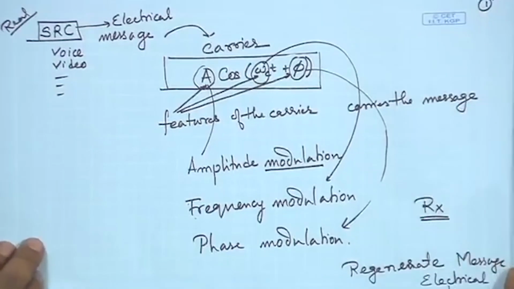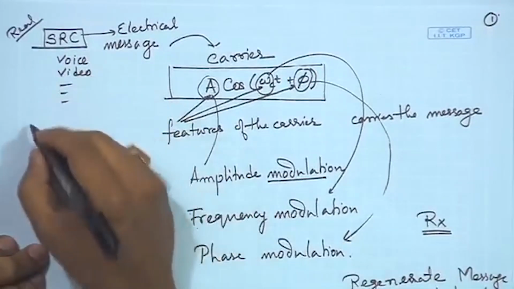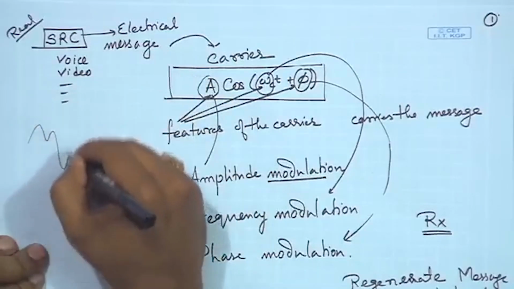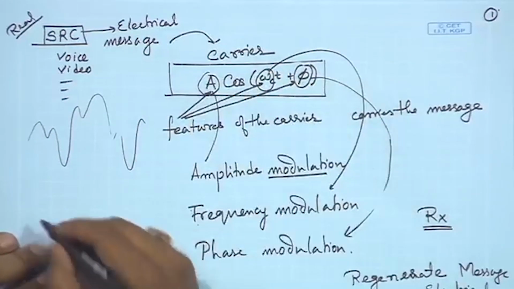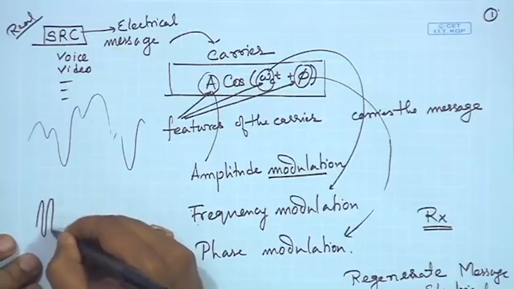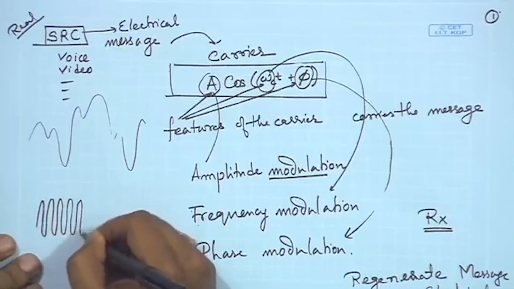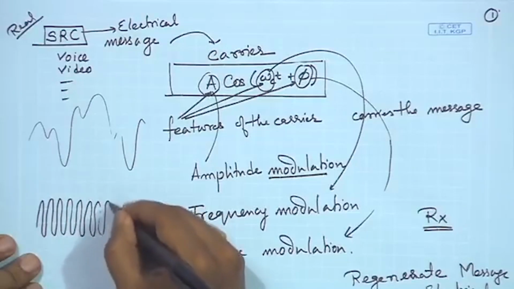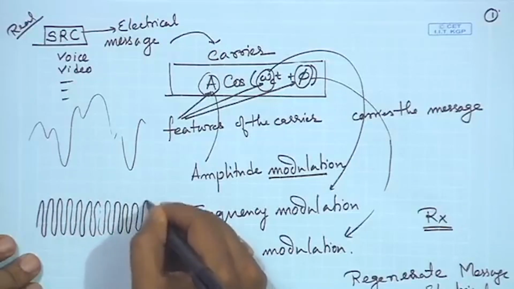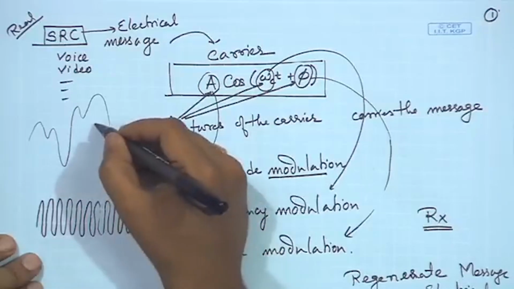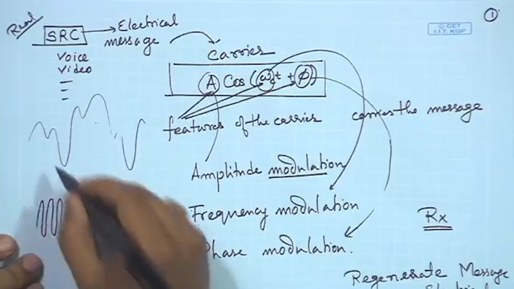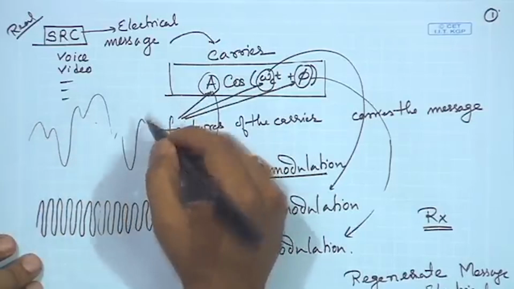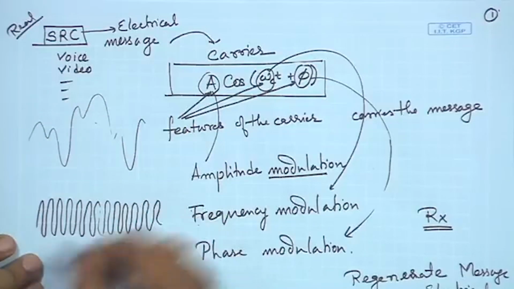Typically our message, this electrical signal, could take a shape like this, a continuous variation, and the carrier, as you can clearly see, has a much higher frequency compared to the speed at which the message varies. When this is imposed onto the carrier, if we talk about amplitude modulation, you would apply some scaling factor so that it does not cause a reverse swing.